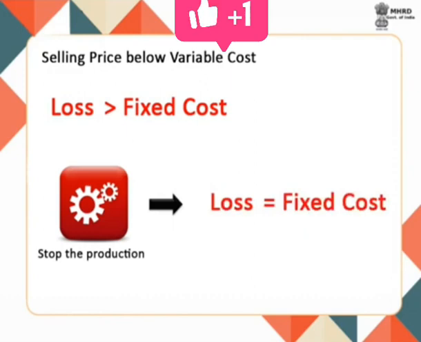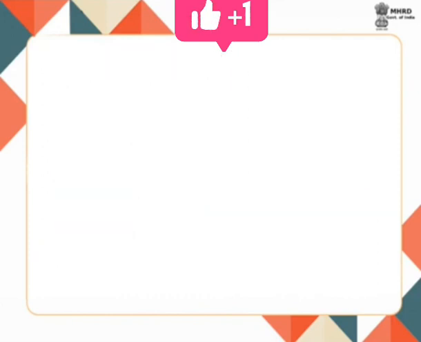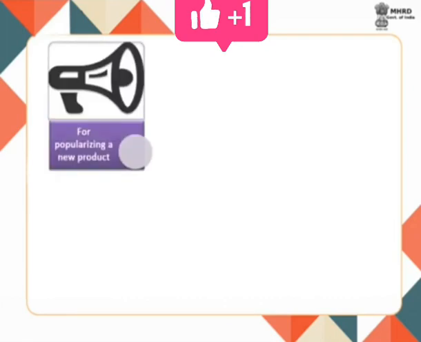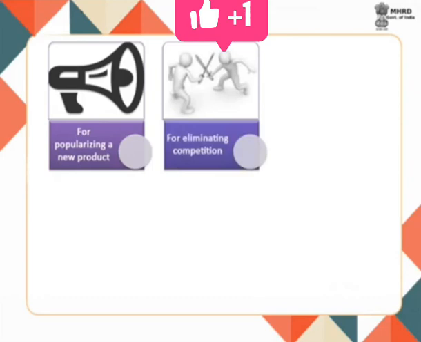However, the management on many occasions takes the decision to continue production even when the selling price is below marginal cost. Some such circumstances are: 1. For popularizing a new product; 2. For eliminating competition; 3.